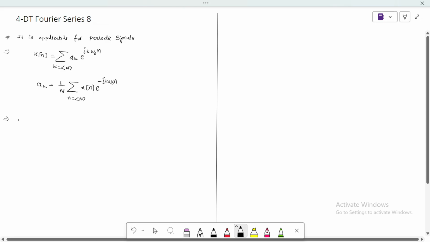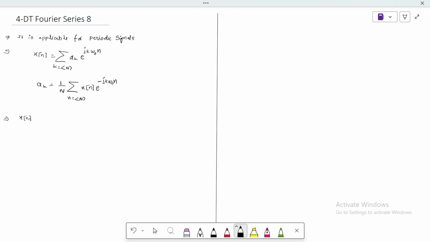Here I am writing the Fourier series coefficient for a periodic signal, that we already derived: the rectangular pulse train. x of n equals 1 for mod n less than or equal to N1, that is from minus N1 to plus N1 it has magnitude 1, and from N1 to half of the time period it equals 0.